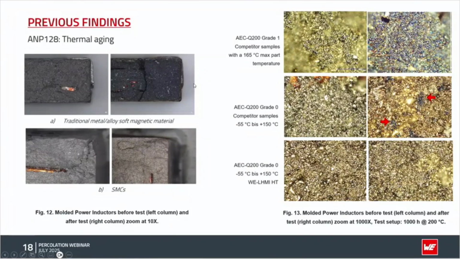But even if you use a competitor part, grade 0, that means higher temperatures, that runs a lot of the tests as the AEC-Q recommends, you can find small spots here where you can see the beginning of the phenomenon. In our case, after these years of research, we can offer some combination of glue, coating, and different kinds of particles to get no evidence of this percolation or thermal aging.